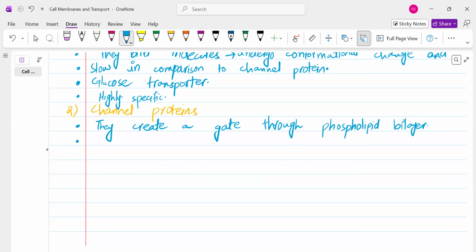And as compared to the carrier protein, they are fast, because they are just transporting things fast. Rapid movement of molecules will occur.